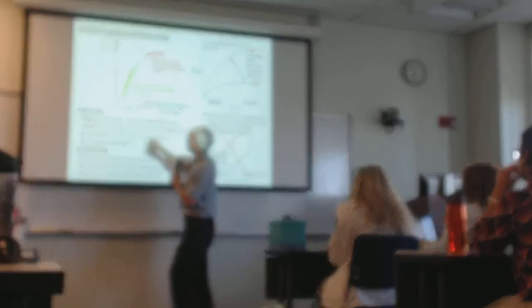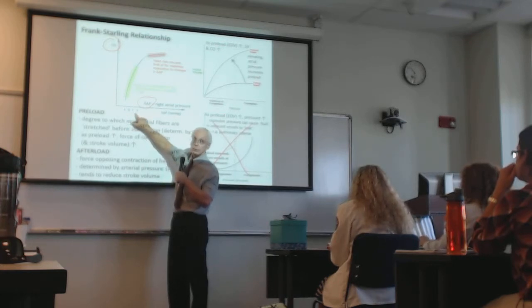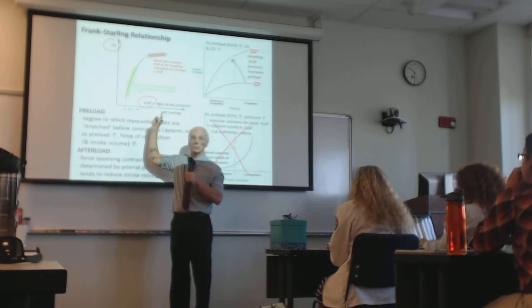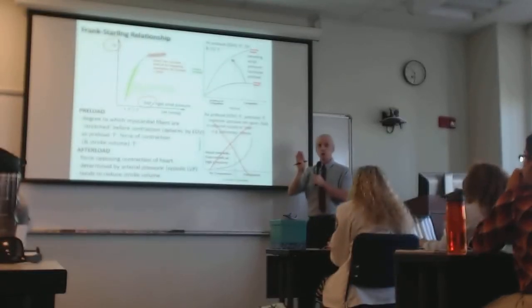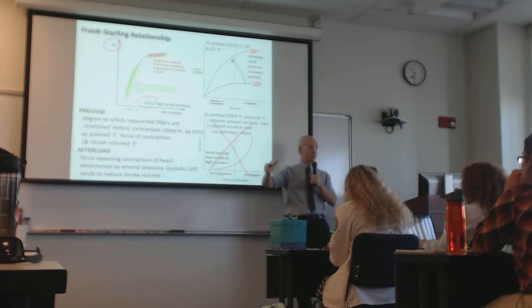And so, in fact, look at our units, it's 0 here. But what we're saying is that as right atrial pressure increases, cardiac output increases. What's the principle that we just discussed that might help to explain this phenomenon? What would cause right atrial pressure to increase? Volume. Yeah, more blood coming into the atrium.